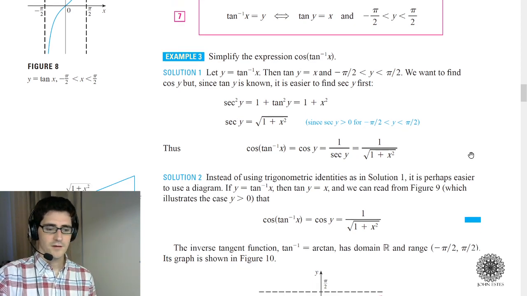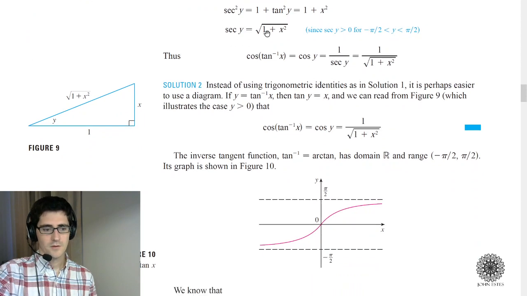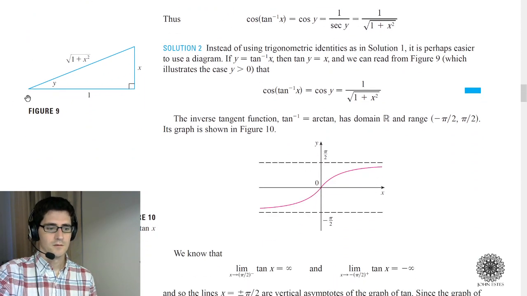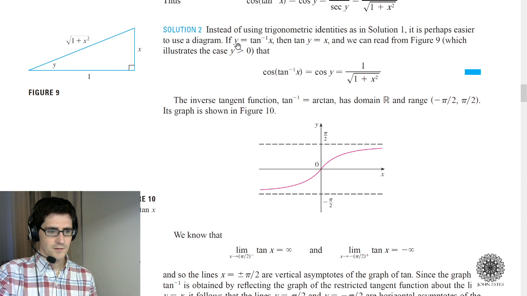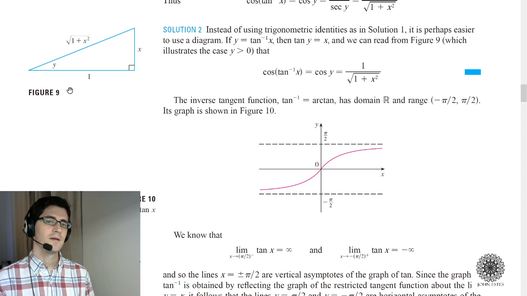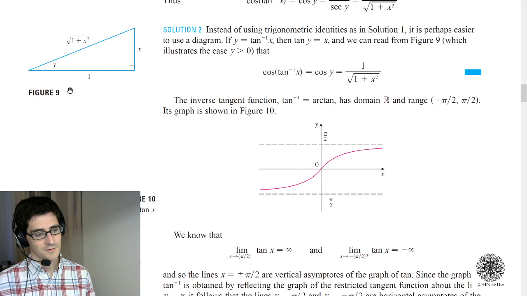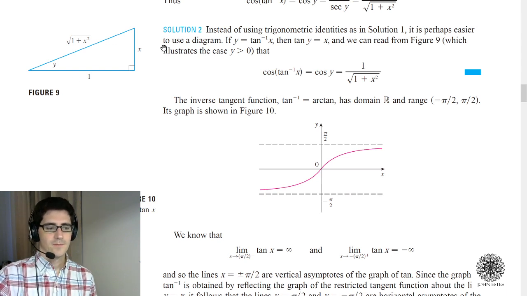All right, so another way of doing it, if you don't want to use identities, we can use a triangle. So here again, we're letting y equal tan inverse x. And you'll want to keep this in mind. We're going to do a similar thing in chapter 7, if we can get to it, hopefully. So we have y is tan inverse x, which means tangent y is x. So from that, I'm going to draw a triangle.